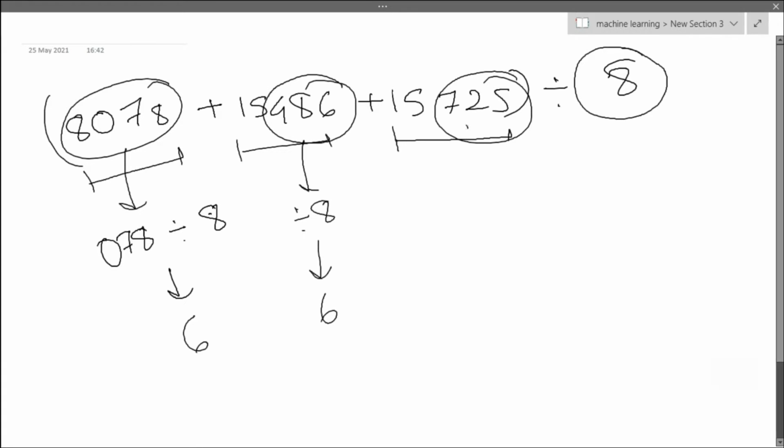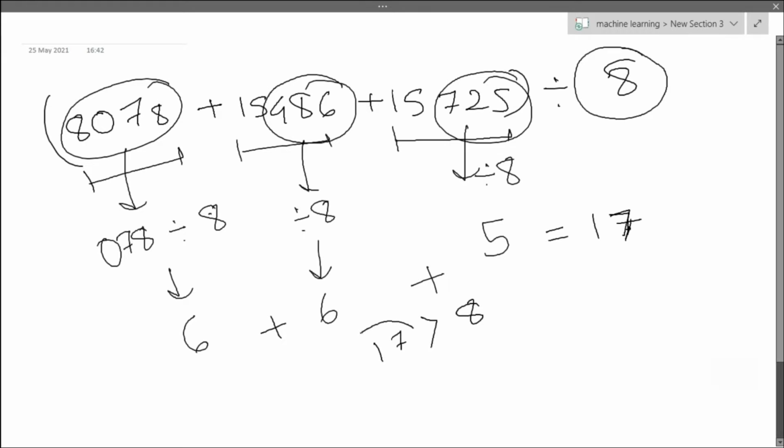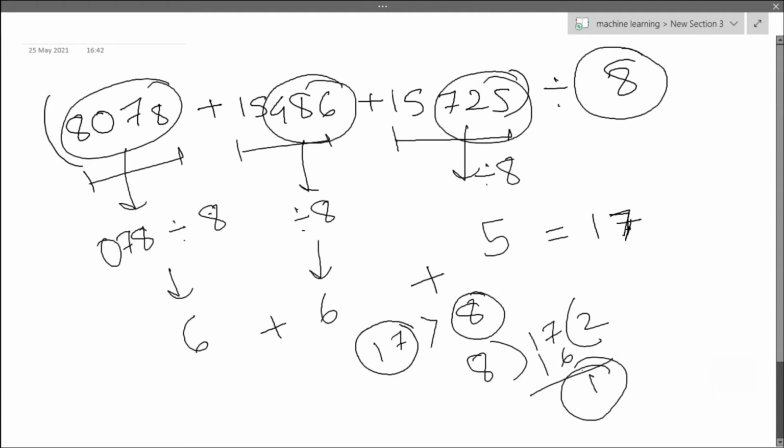Last 3 digits 486 divided by 8, the remainder is 6. Last 3 digits 725 divided by 8, the remainder is 5, and then add them. The answer is 17. Now 17 is greater than 8. The remainder cannot be greater than 8. So we will divide and find the remainder. 17 divided by 8, the remainder is 1. So the remainder is 1.